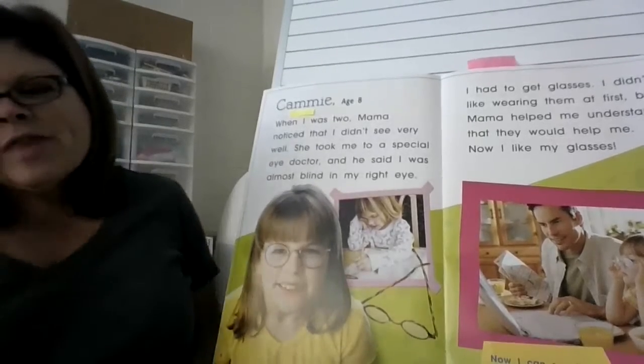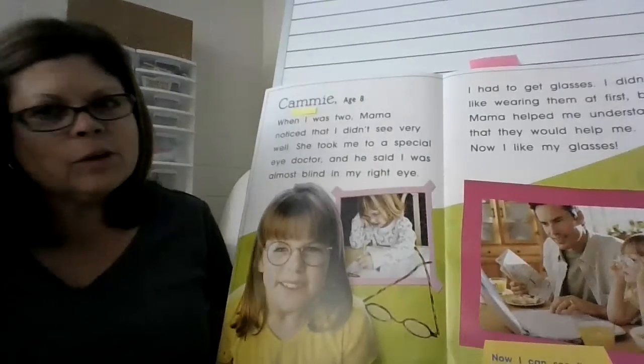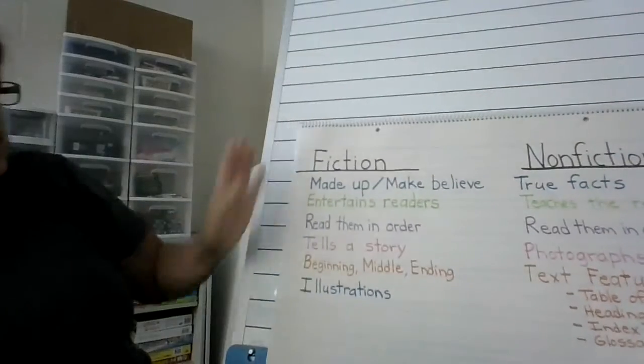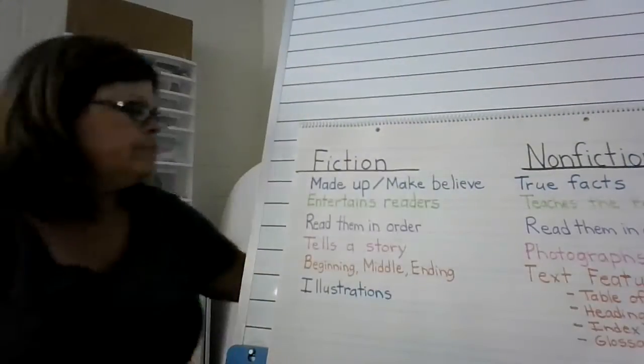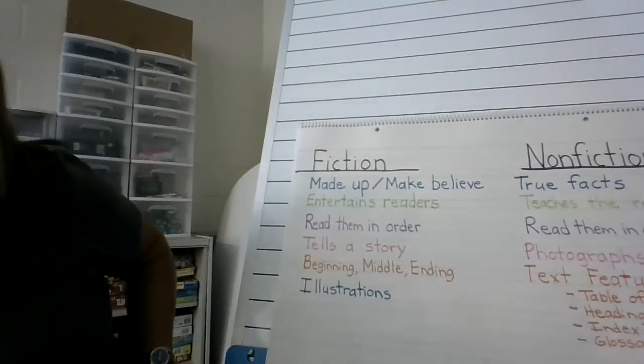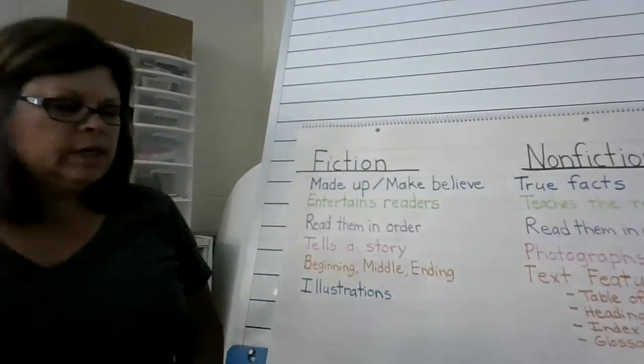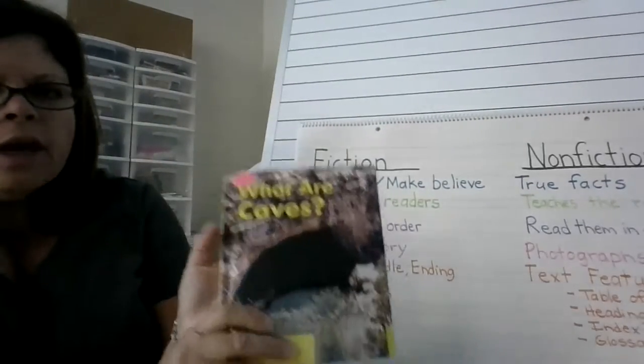Okay, so now I have another activity that we're going to do together. I'm going to move our book and bring up our fiction and nonfiction chart. I have some stories. The first story is called What Are Caves?